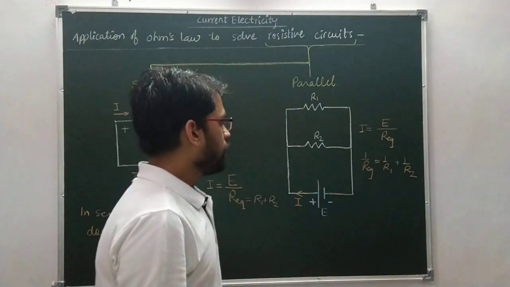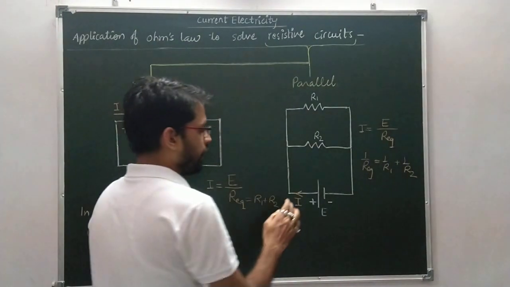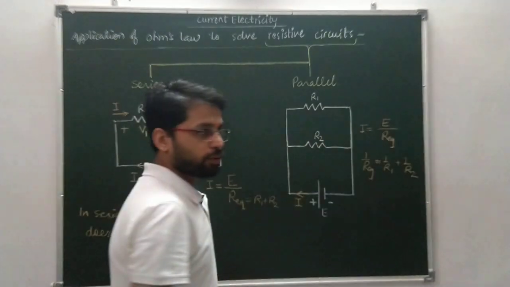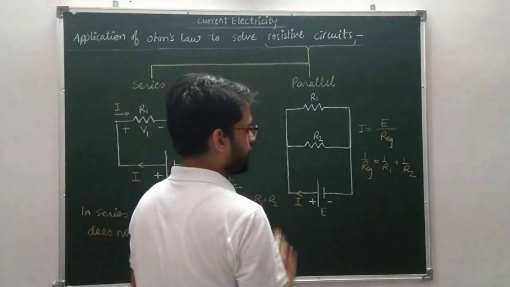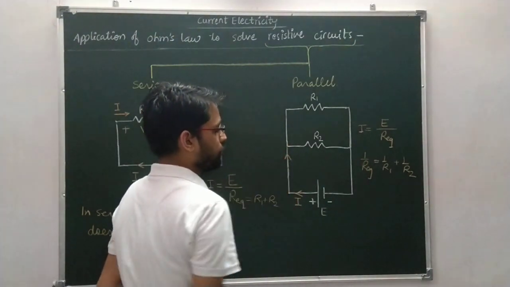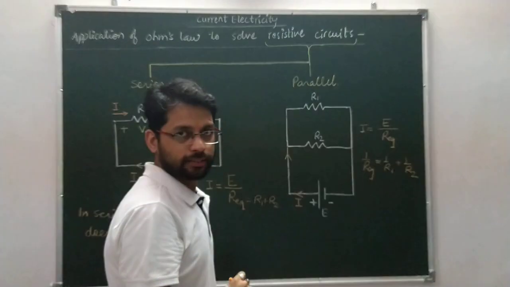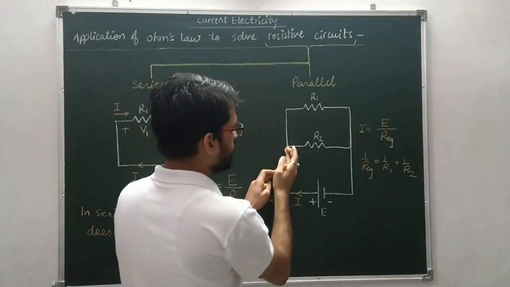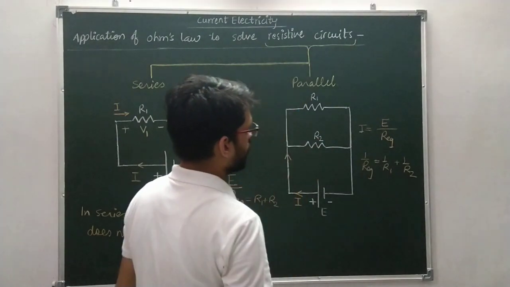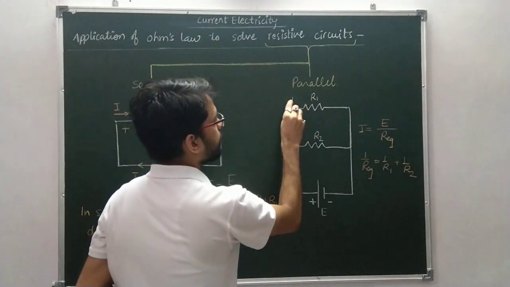Now we know the current, and the current is flowing through the circuit because the circuit is complete. When current reaches this node, there are two branches splitting. This single branch is splitting into two branches, so the current also is split.